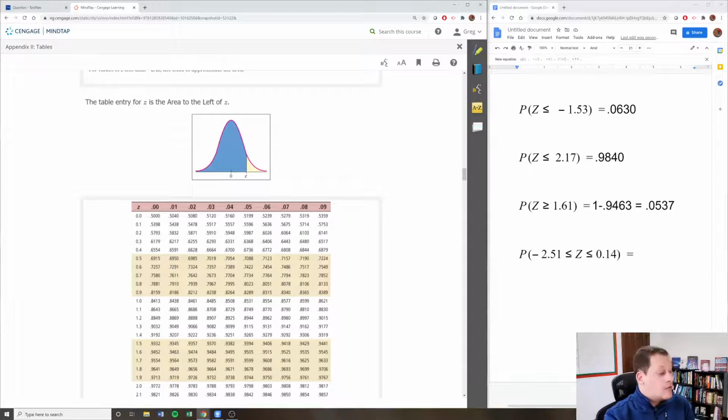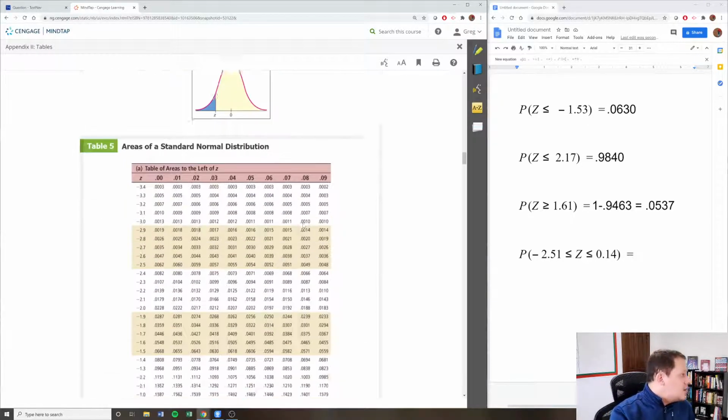Sketching the curve would tip you off that 0.9463 was not right. However, I've seen so many students report the wrong area here when they use the table. And if they had just used normal CDF, I think the probability of making a mistake is lower. But some people are just table people. If you want to use a table, great.